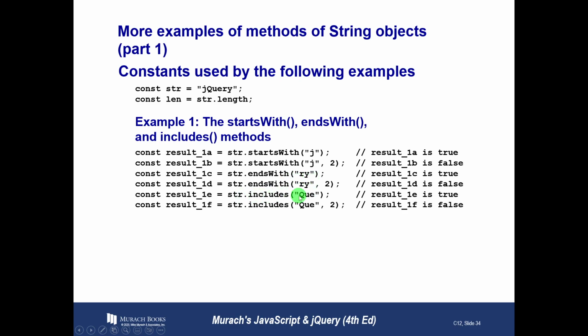Does our string include the letters Q, U, E? Obviously, jQuery does have QUE right in the middle of it, so dot includes QUE would return true. Dot includes QUE starting at position 2, 0, 1, 2, starts at the U, so it's ignoring the Q, so that returns false.